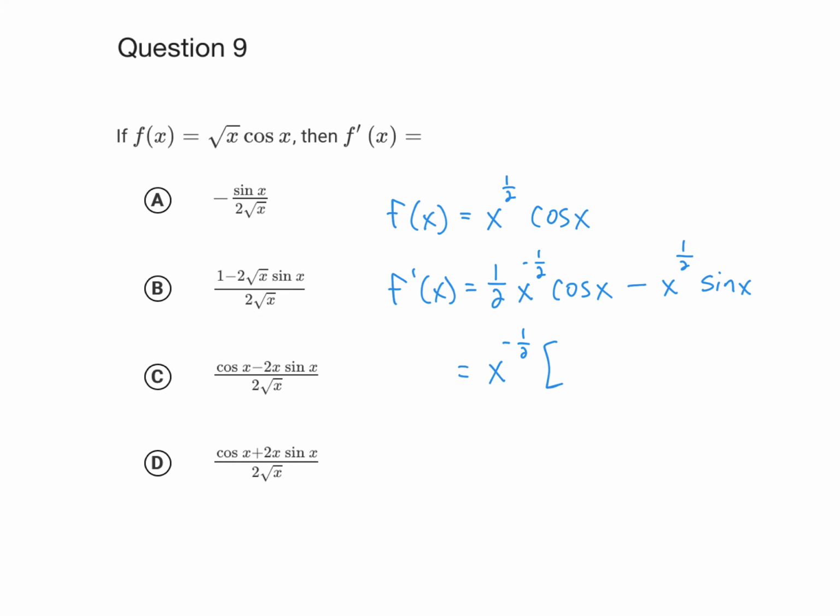Okay, now we're factoring it out of this, so we're just going to rewrite 1/2 cosine x. And then when you factor out, we're really factoring an x to the negative 1/2 from an x to the 1/2. You always subtract exponents, so you take the original exponent and subtract the exponent that was factored out.